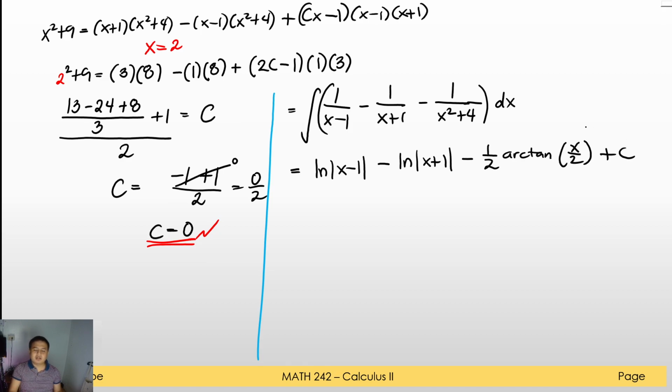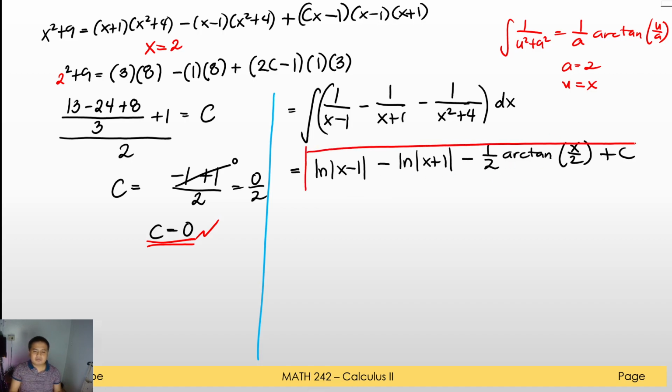So remember this, if you have the integral of 1 over u squared plus a squared, this should be 1 over a arctan u over a. So your a here is equal to 2, your u here is equal to x. So this should be your answer.